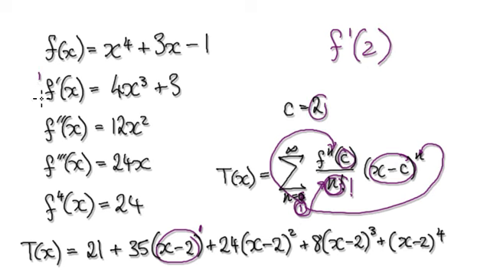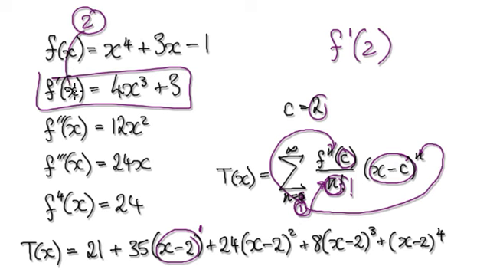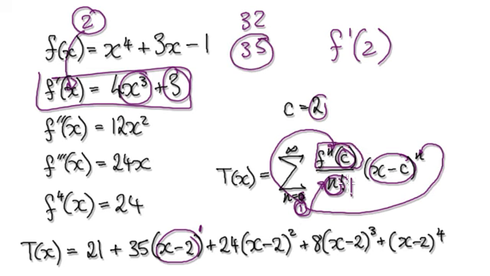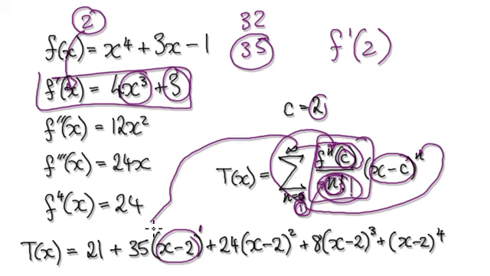So this is your first derivative evaluated at 2. So we've got to put the 2 into here. So that will be 8 times 4, that would be 32 plus 3. That would be 35, and then you divide it by 1, so that's 35. So this whole thing here will be 35.